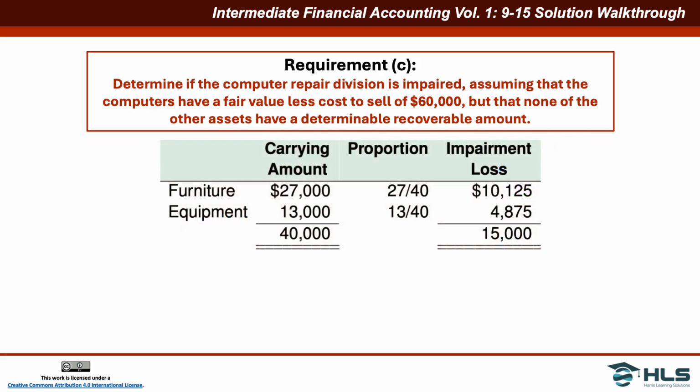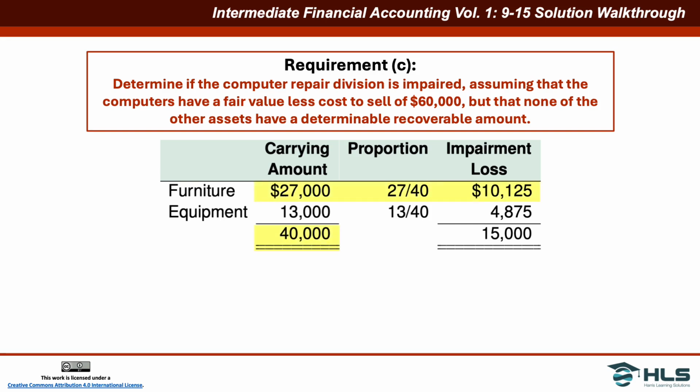So what we're going to do is prorate the impairment loss of $15,000, this time between the furniture and equipment, rather than all three of the asset categories within the cash generating unit. So if the furniture has a carrying value of $27,000 and equipment $13,000, that's a total of $40,000 for the two assets. And those are the values which we'll use to prorate the impairment loss.